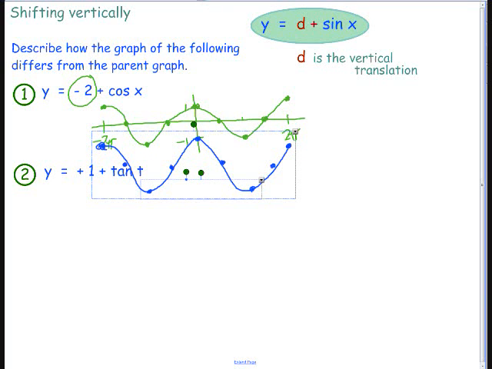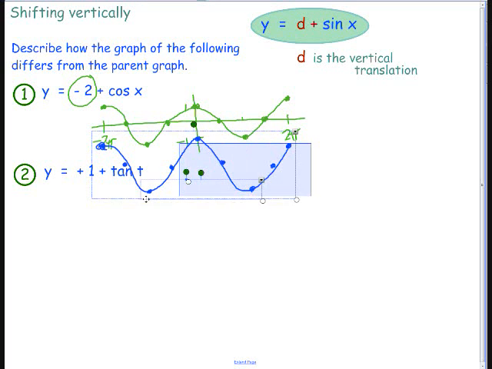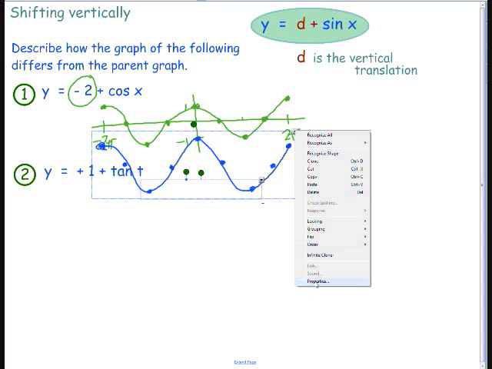I think I will change it to purple. Oh, didn't work. Try it again. I'll do it here, where you can see what I'm doing.